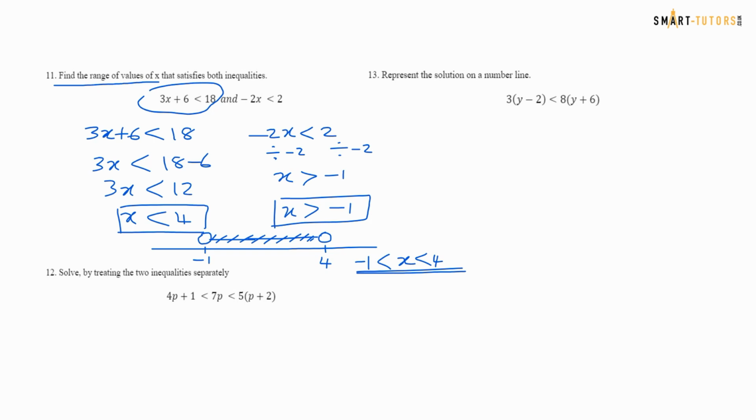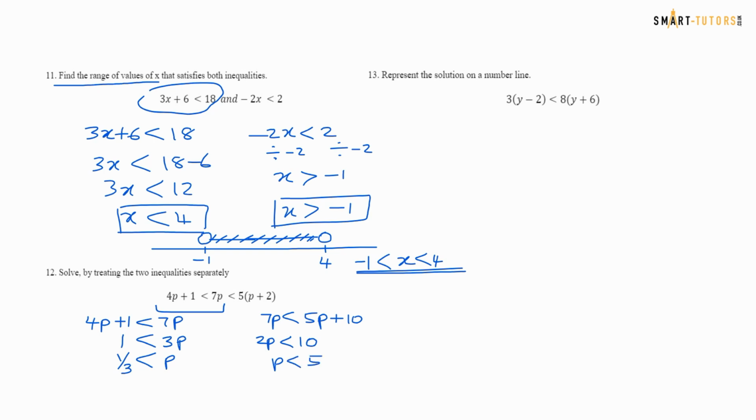Solve by treating the two inequalities separately. So let's do this one separately. 4p plus 1 less than 7p. This one 3p greater than 1, so p is greater than 1 upon 3. And this one, 7p less than 5p plus 10, 5p this side, is going to be 2p less than 10, so p less than 5.